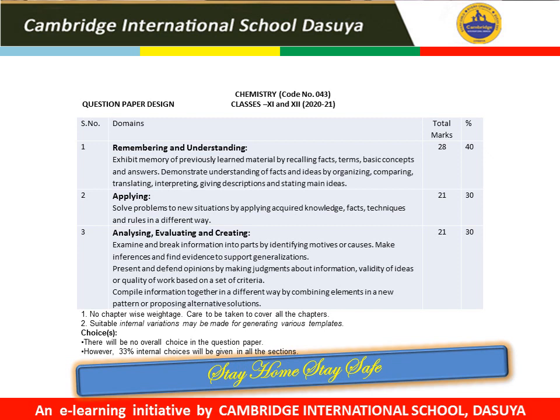Then the higher cognitive skills are required in analyzing, evaluating and creating. The marks that we have here are 21, covering around 30%. Remember, there's no chapter-wise weightage, and there will be no overall choice in questions. However, 33% internal choices will be given in all the sections.